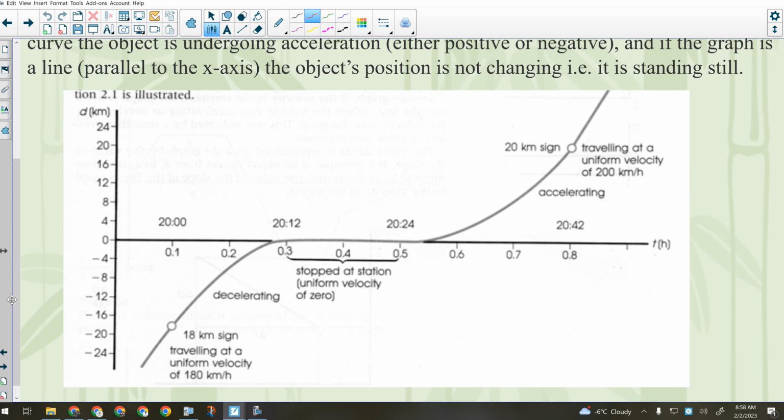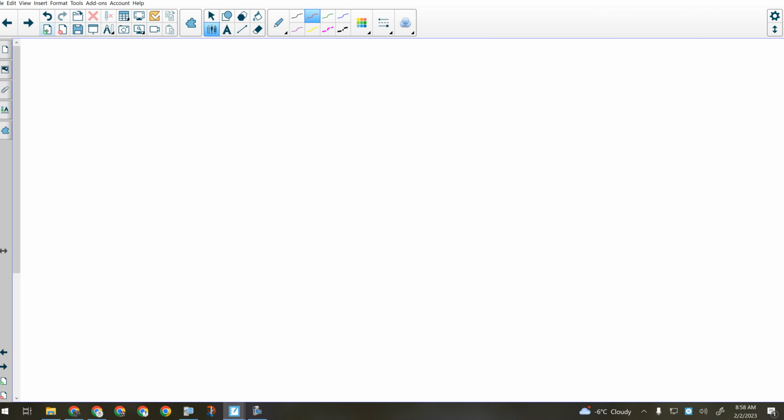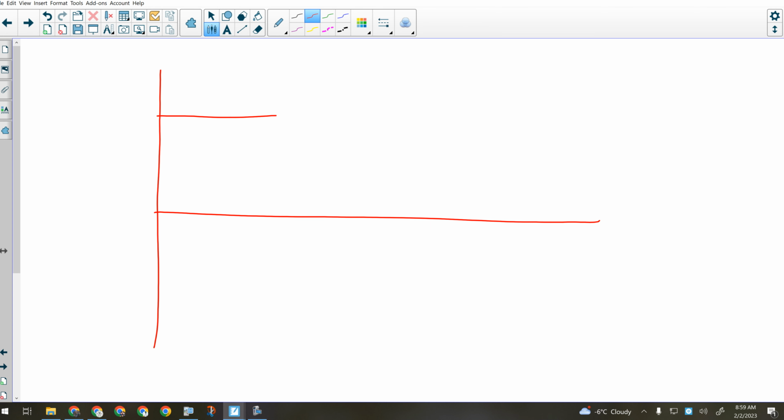If I'm looking at any graph, doesn't matter what's on the x and what's on the y, if the graph looks like this, what is happening? It's standing still. Yeah, if it's a position time graph, you're right. It's totally standing still in that situation.